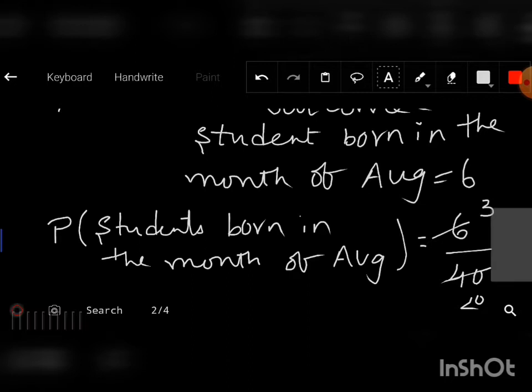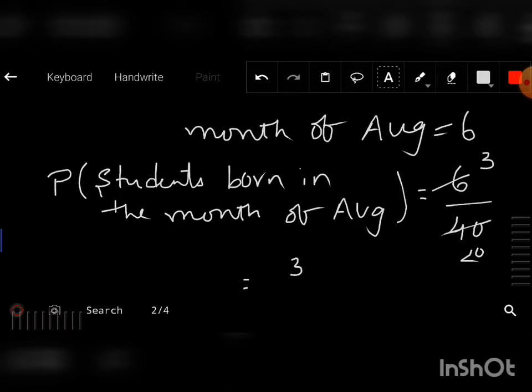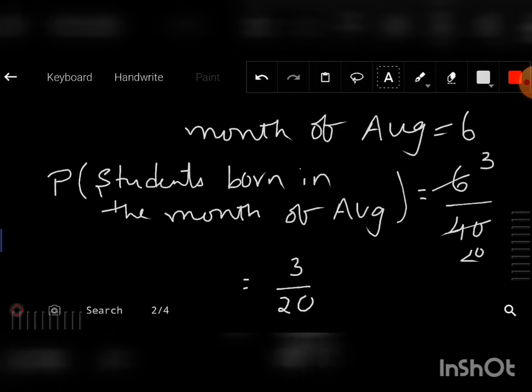So the probability is 3 by 20. So this is our first problem, that is the third one.